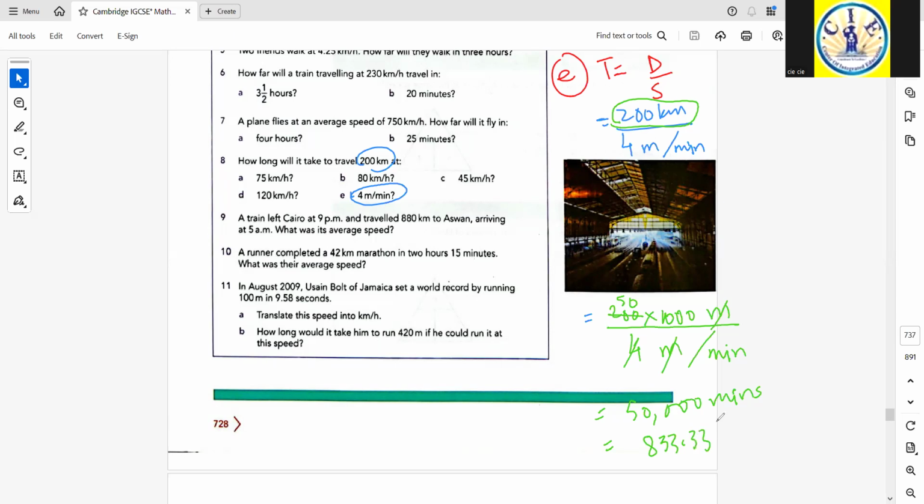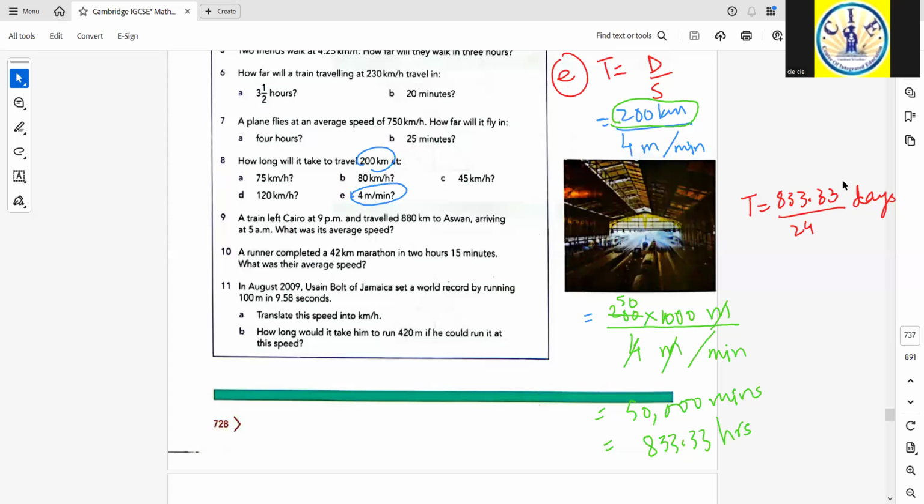833.33 hours. Since a day has 24 hours, when we divide this time, 833.33 by 24, it would be converted into days.